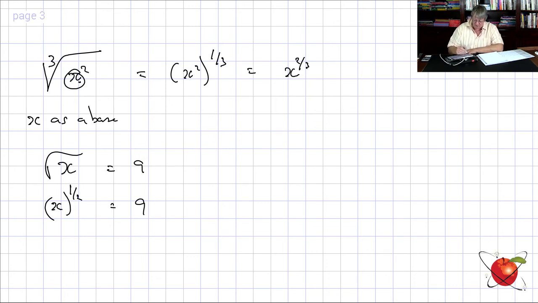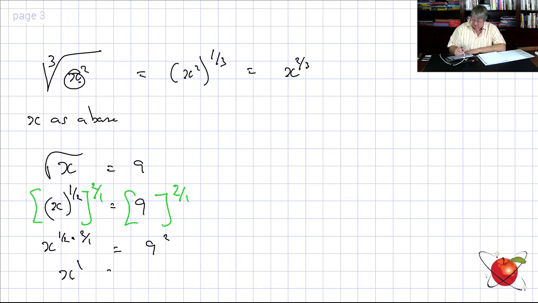We are going to raise it to the power of 2 over 1, and we do it on both sides. Which means x to the power of a half, multiplied by 2 over 1, is equal to 9 to the power of 2. Our half cancels with that, ending us with x to the 1 is equal to 81. Therefore, we have found x to be 81.